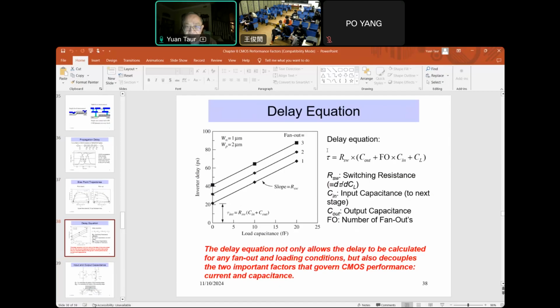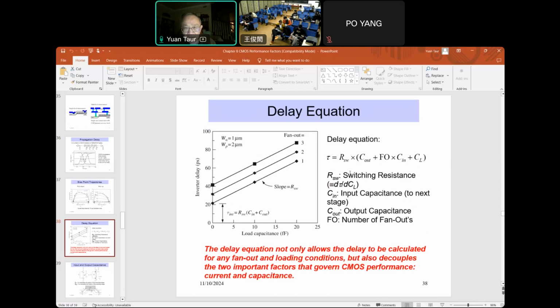Now, the concept of the delay equation, as stated here, allows us to calculate delay. Okay, notice that there are only 3 parameters for the CMOS inverter: R switch, C in, and C out.